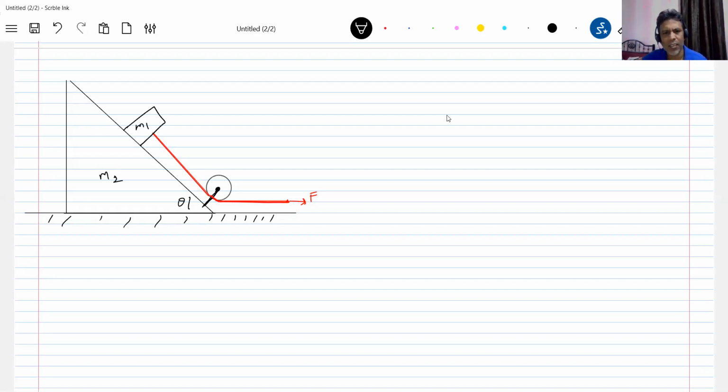Why is there no tension? The force with which you pull the rope will be the tension. That's why in the rope, instead of tension, I showed F. So the question is like this.